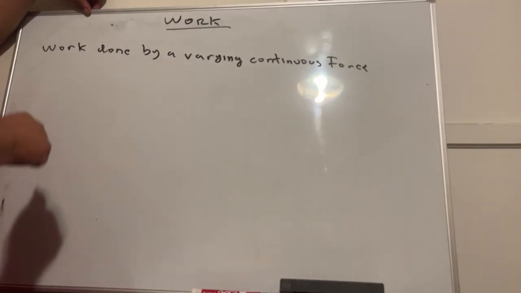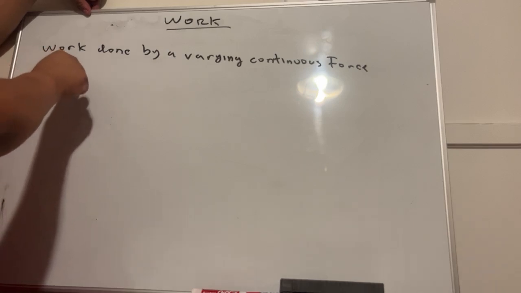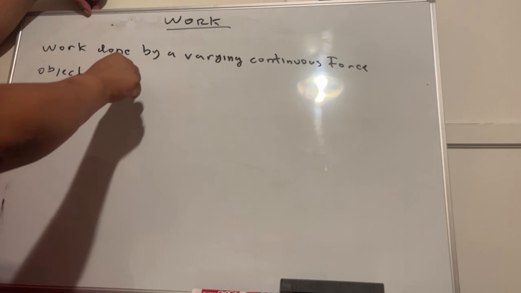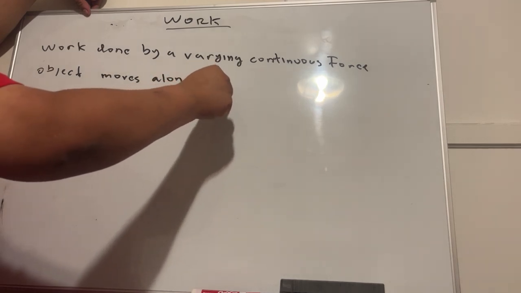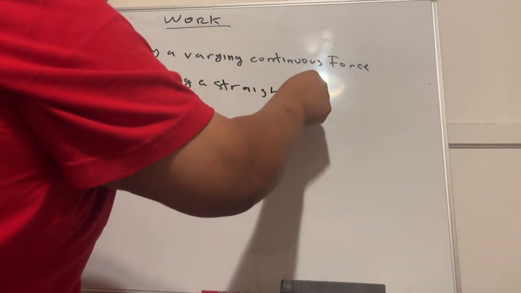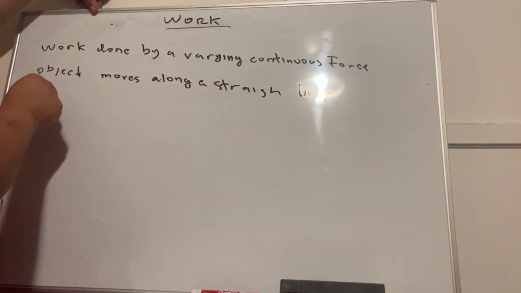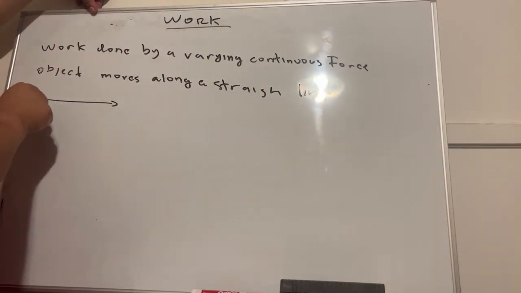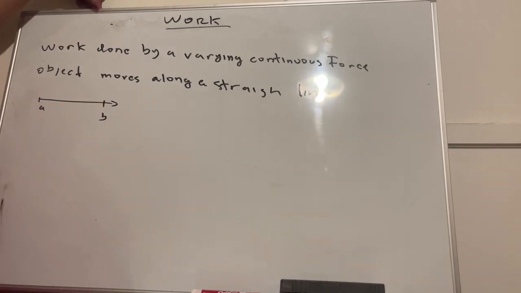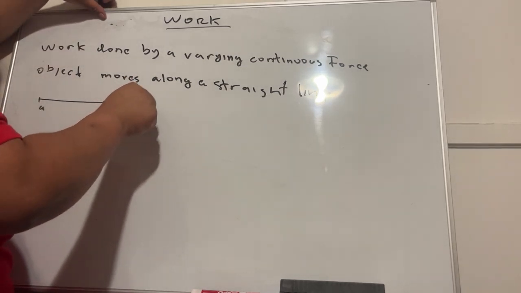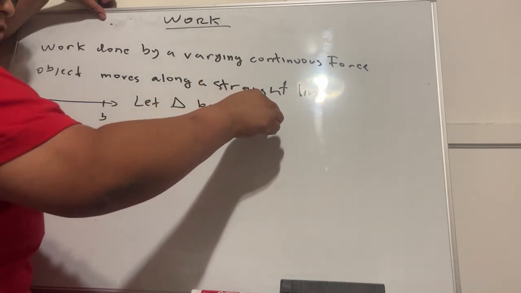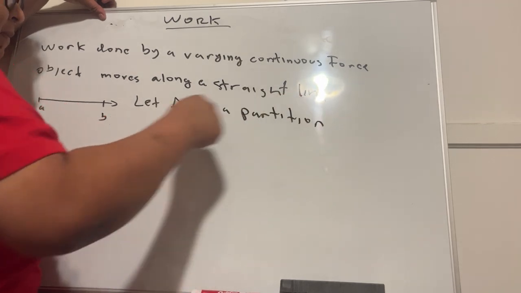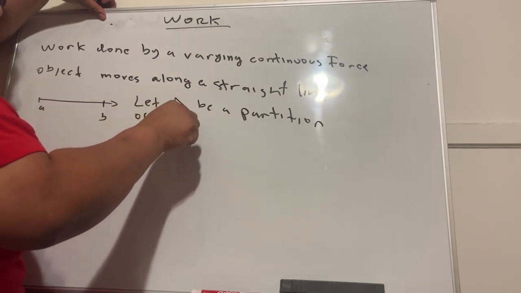Let's say an object moves along a straight line from A to B. Then let delta be a partition of A and B.